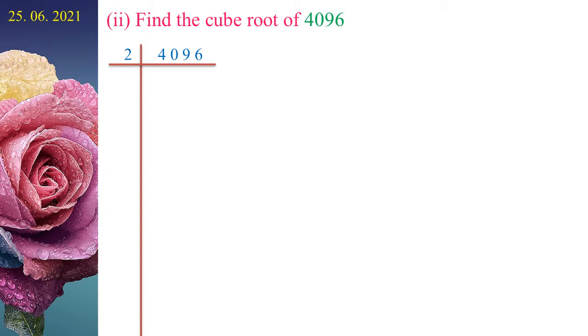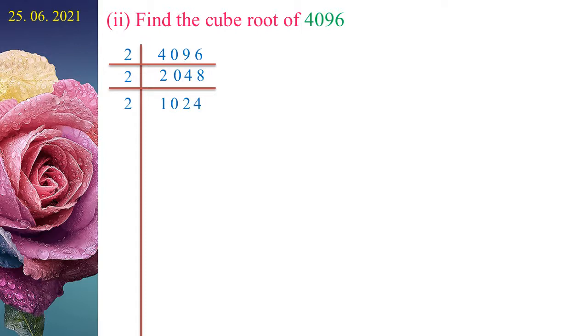So the number 4096 is divisible by 2. 2 2s are 4, 0, 4 2s are 8, balance 1, 16, 8 2s are 16. The number 2048 is divisible by 2 because the ones digit is an even number. 1 2 is 2, 0, 2 2s are 4, 4 2s are 8.